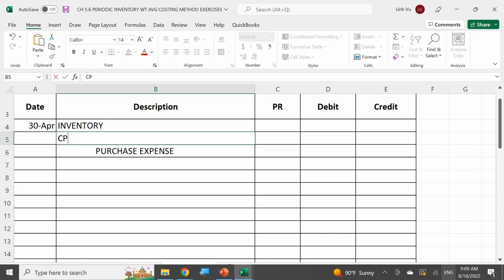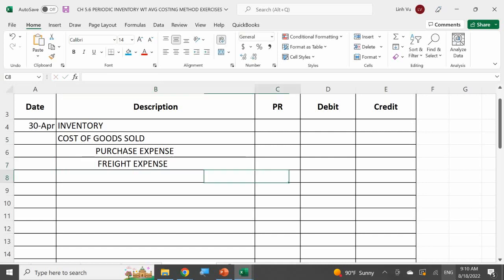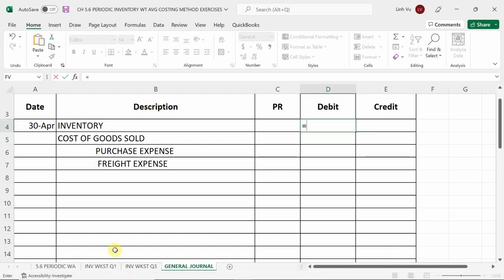You got the cost of goods sold. And then you have your freight expense. Okay, so in this case, what was the total value of my ending inventory?